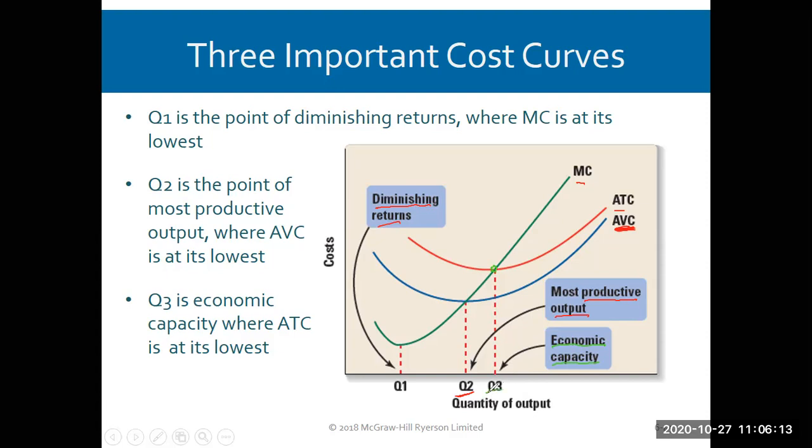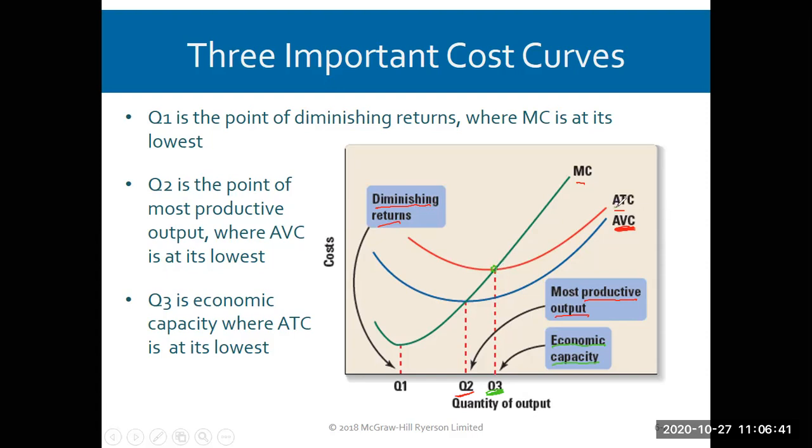And if that much is about Q3 worth of output, you'd like to produce that at your lowest average total cost. So you design your plant so that if you're producing Q3, just what we planned to, that's at your lowest average total cost. So that is specifically defined as economic capacity. It's the quantity, Q3, where we reach our lowest average total cost of production.